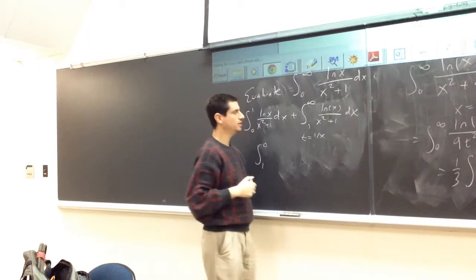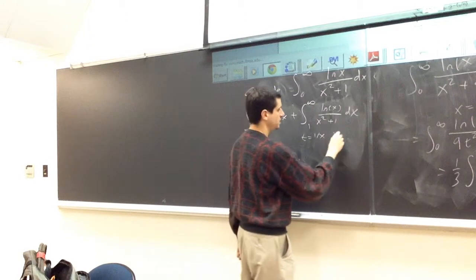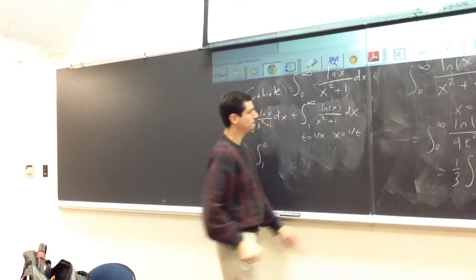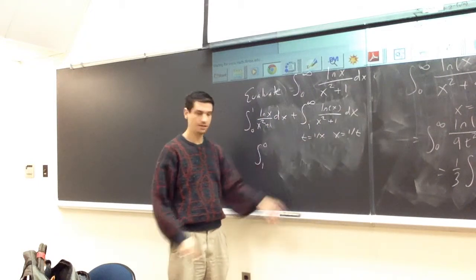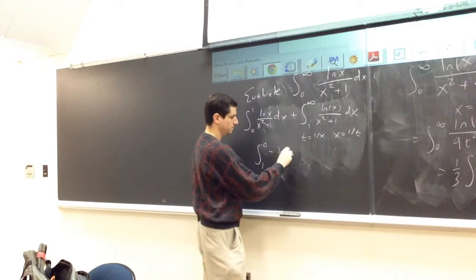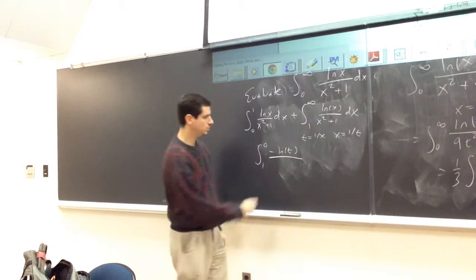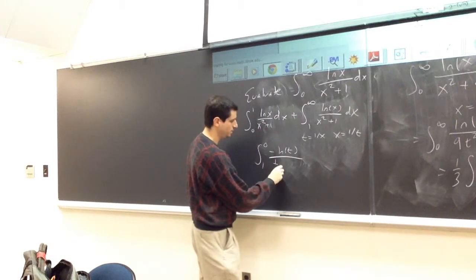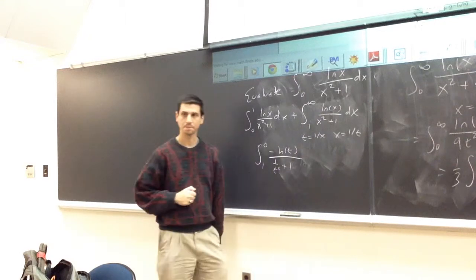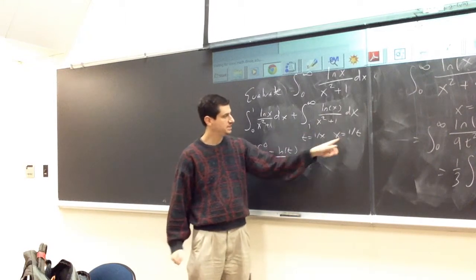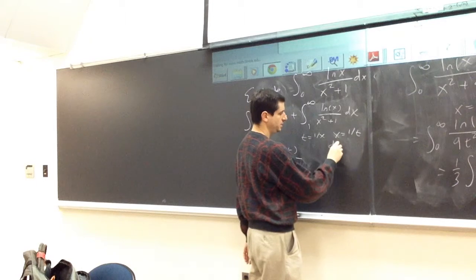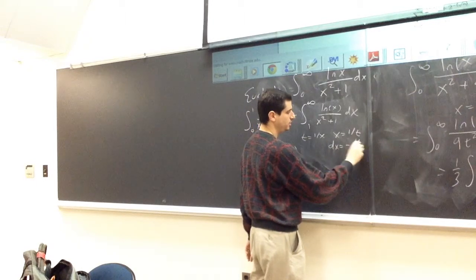The natural log of x, so x then becomes 1 over t. So the natural log of x is negative natural log of t. x squared plus 1, well, x squared becomes 1 over t squared plus 1. Now what's dx going to be? dx is going to be negative dt over t squared.